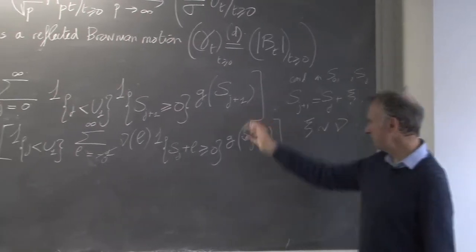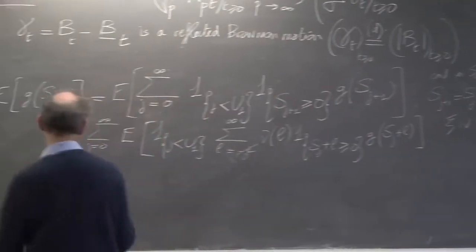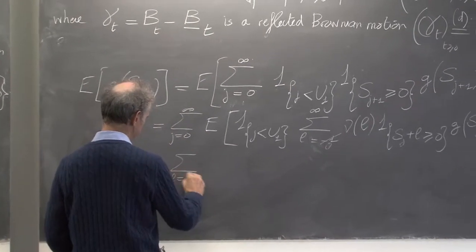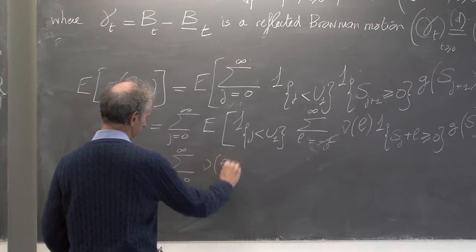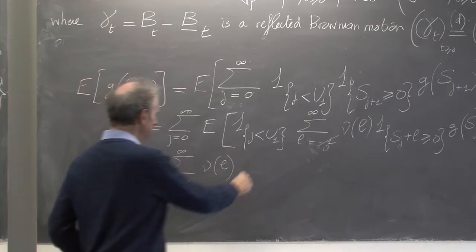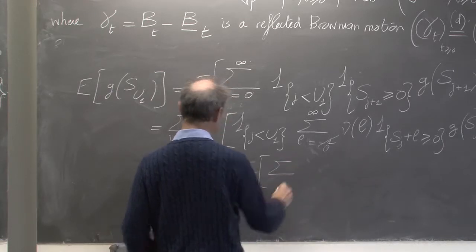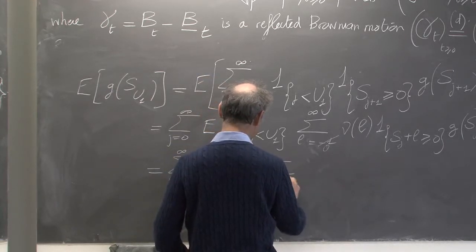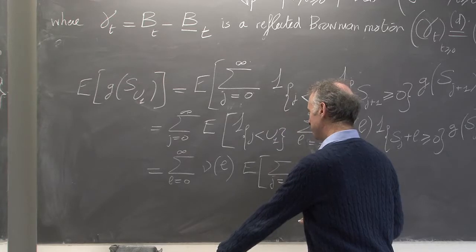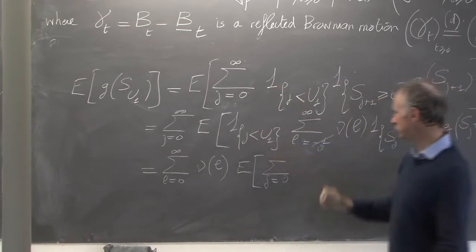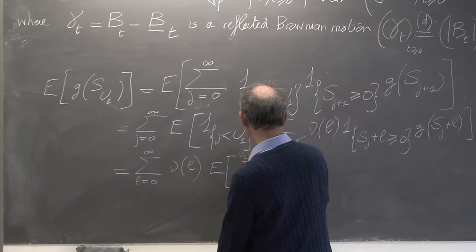And now you just exchange the sums. I hope I'm going to do it properly. Mu of L. Then you will have expected value of sum from j equals 0. Here I will have the indicator function j less than u1, so I can sum up to u1 minus 1.